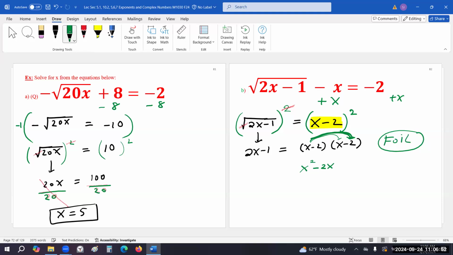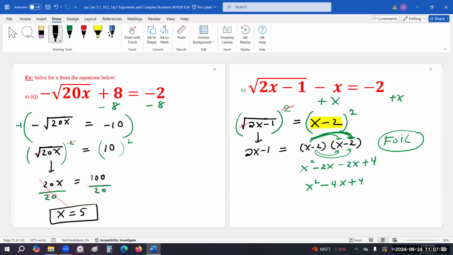Remember, 2 term by 2 term multiplication means FOIL. And then we take negative 2 times X. Negative 2X. And plus 4. So it's not X squared and 4. It's X squared minus 4X plus 4. See?